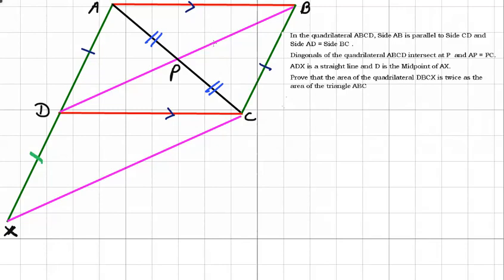So we know these two angles. If this is y, this has to be y. Why is that? Because they are vertically opposite angles. All right.